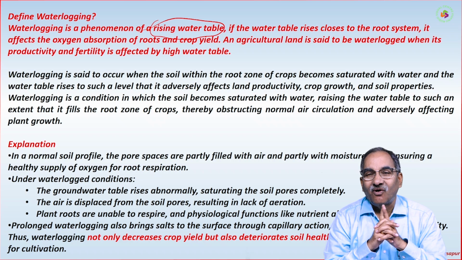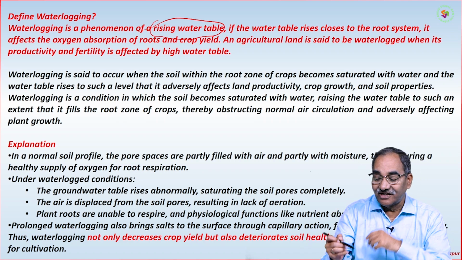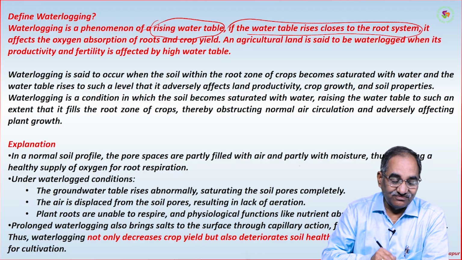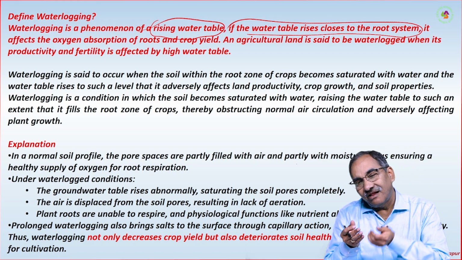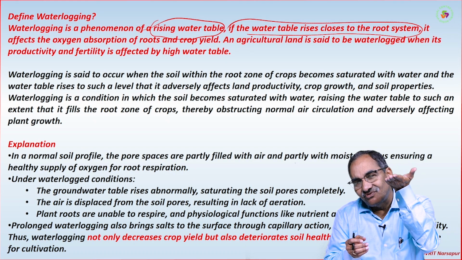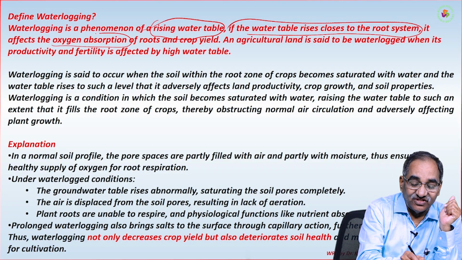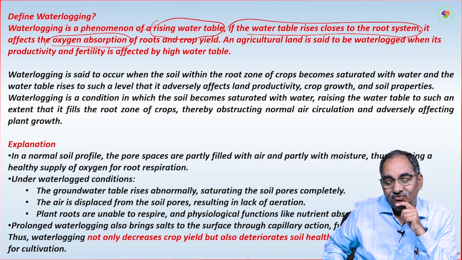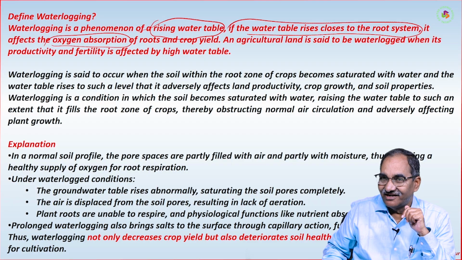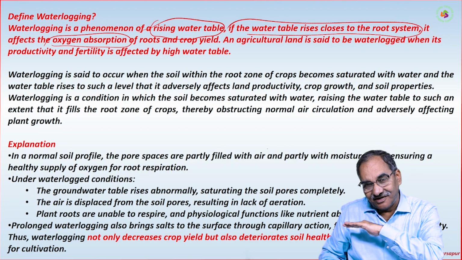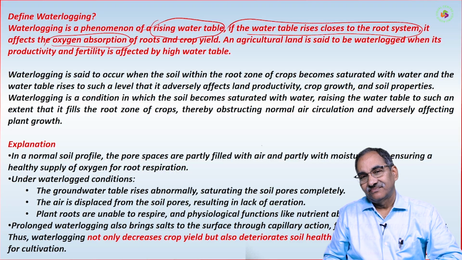That is the main problem. So if the water table rises closer to the root system, it affects the oxygen absorption by the roots. And finally, the crop productivity, crop yield, drastically falls down.